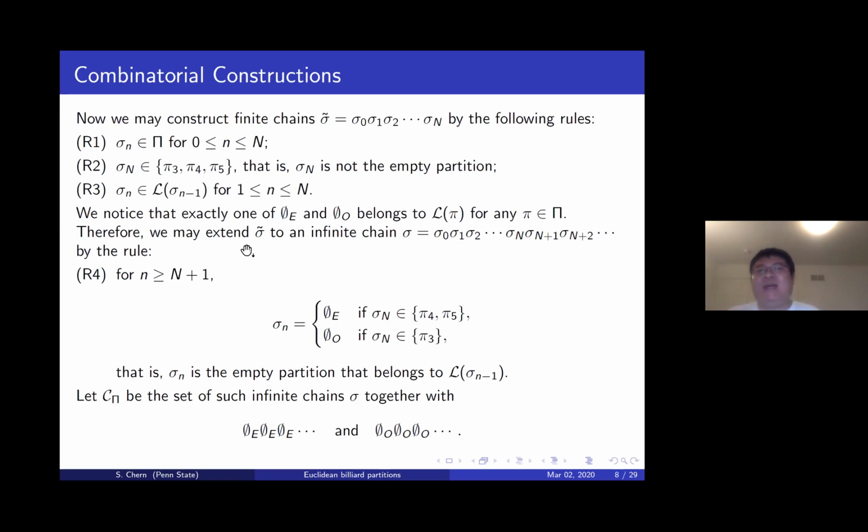So this means that we can extend the tilde sigma to an infinite chain in this way.